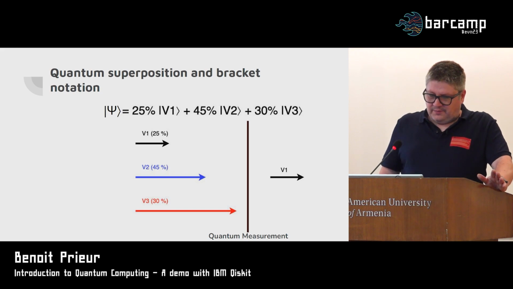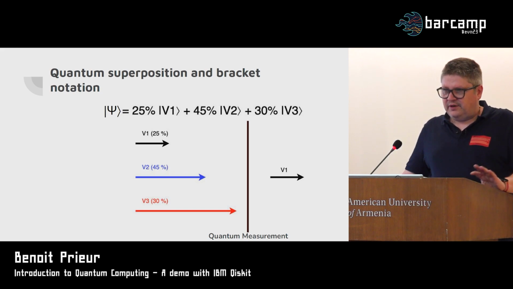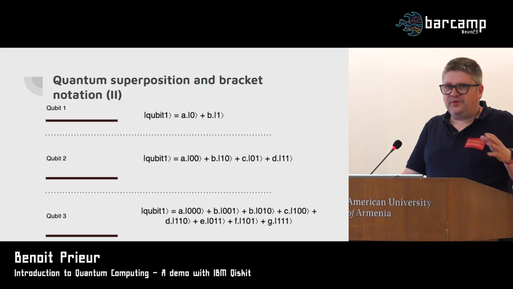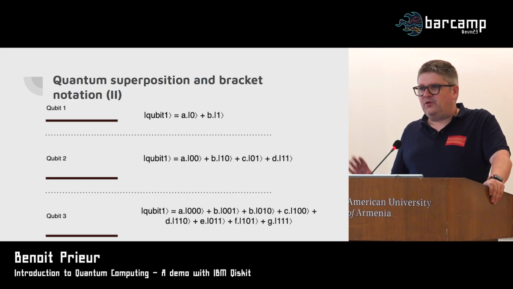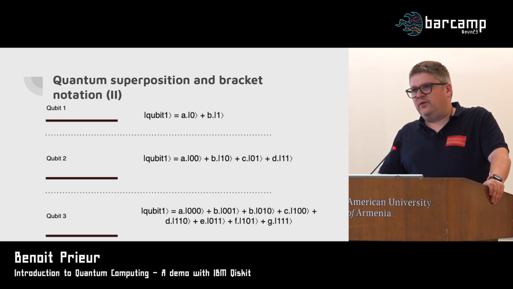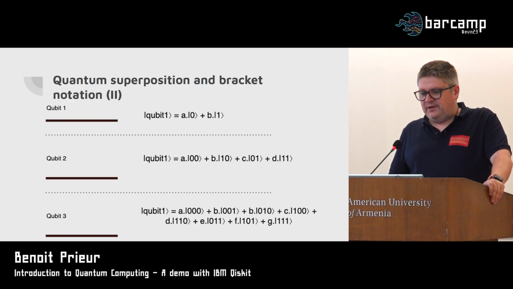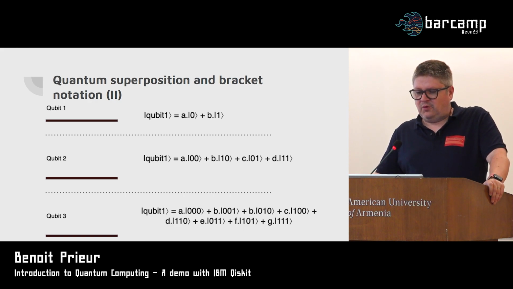To be a bit more specific, bracket notation means quantum state, actually. And if I have only one qubit, a qubit is the representation of the quantum state. In our world, a computer bit is 0 or 1. But in the quantum world, we have the possibility to have superposition.